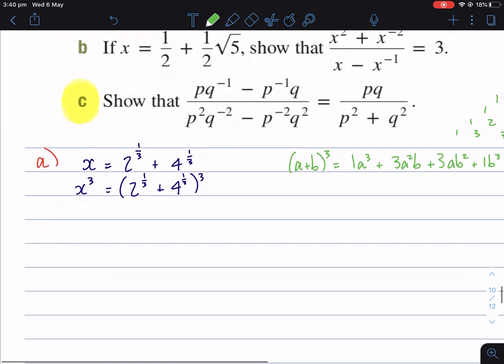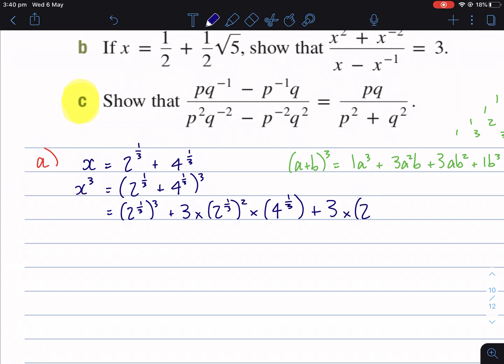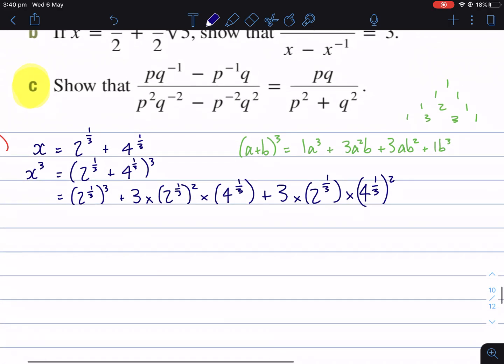Okay, which means we've got 2 to the 1/3 cubed plus 3 times 2 to the 1/3 squared times 4 to the 1/3 plus 3 times 2 to the 1/3 times 4 to the 1/3 squared plus 4 to the 1/3 cubed.